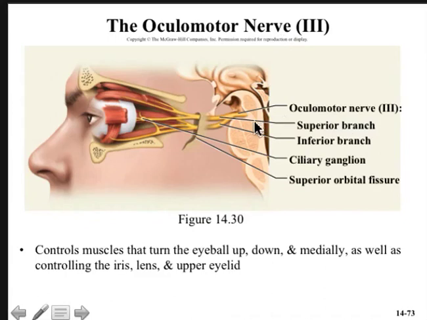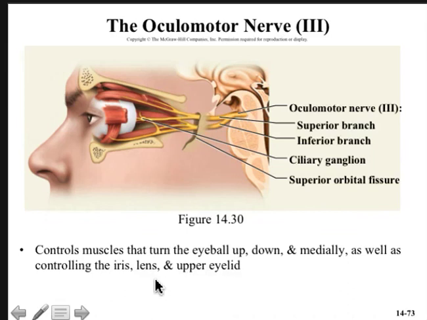You can see its passage essentially from the superior aspect of the pons, okay, between the pons and the midbrain. The superior and inferior branches exit through the superior orbital fissure in the orbital cavity, and we are able to innervate muscles that control eyeball movement as well as iris diameter and the tension on the lens and the upper eyelid.